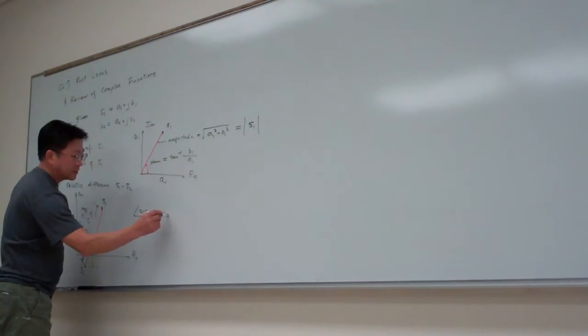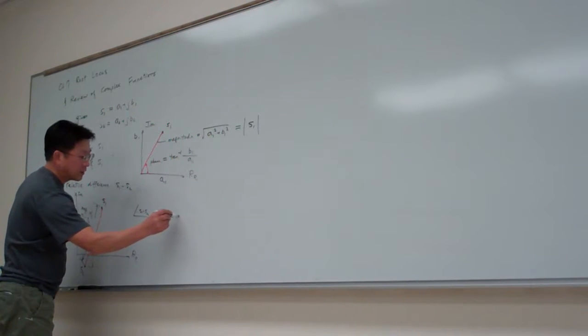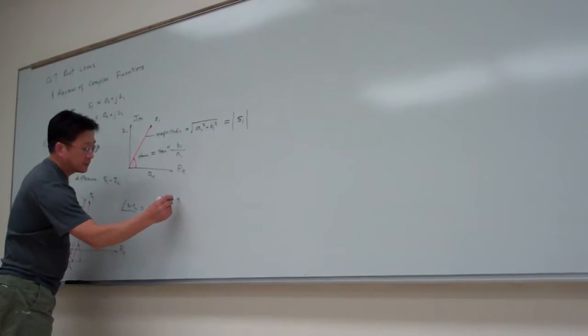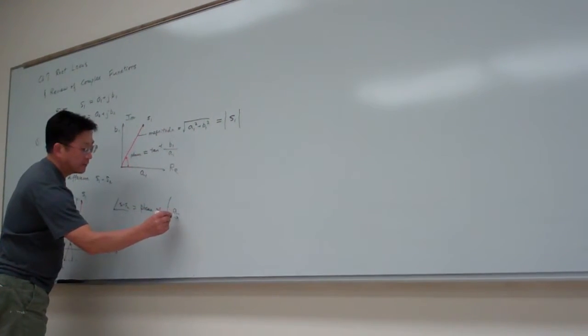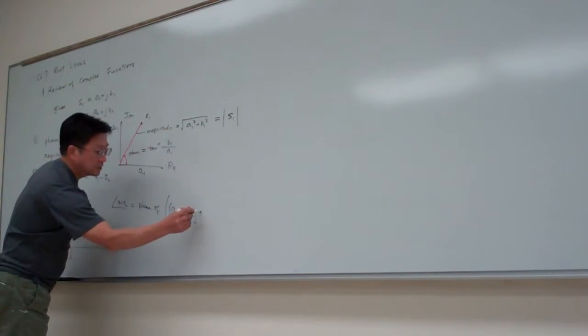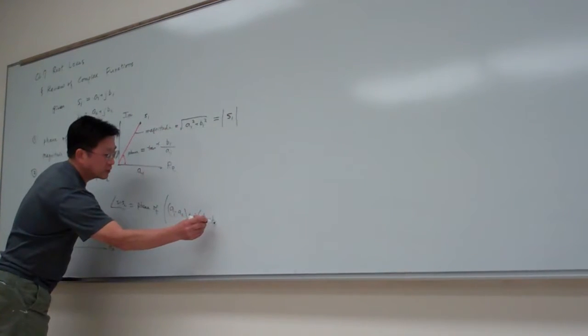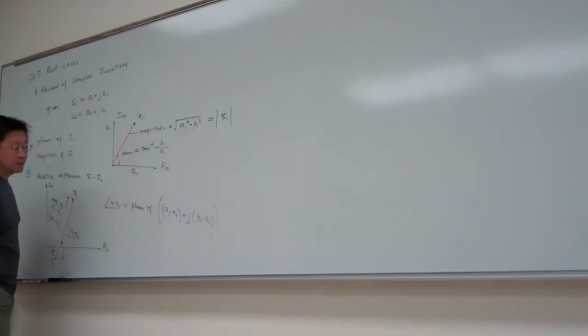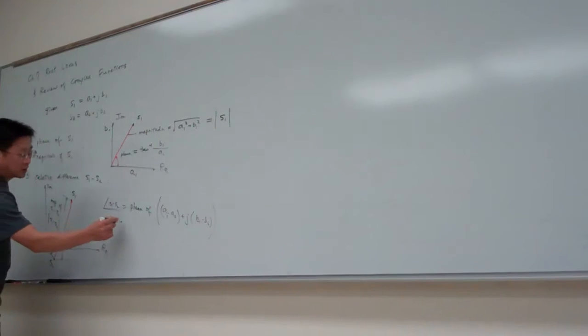Let me write it up here. The phase of A1 minus A2 plus J times B1 minus B2. Okay, so here I put it into the real part and imaginary part.